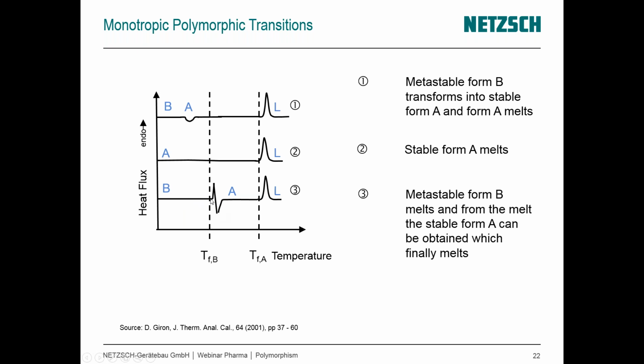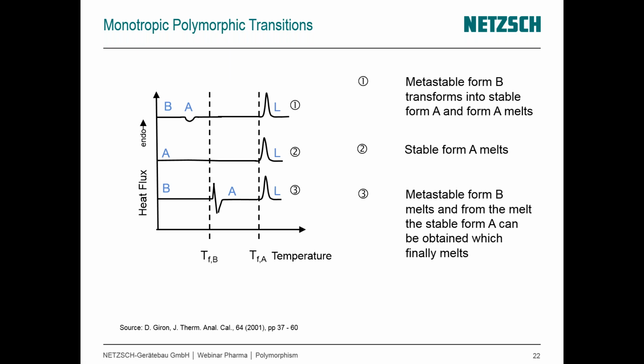The last example that we can see here is that the metastable form B doesn't convert to A, but for a particular compound, what might happen is the metastable form melts, and through the melt, we then have the freedom within that molten structure that the stable form A can form, and then form A melts. And so you might wonder, I have an endotherm, I have an exotherm. Why is there this overlap of these endothermic and exothermic events?